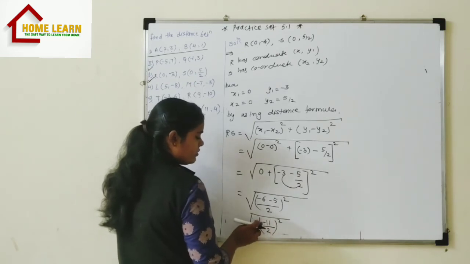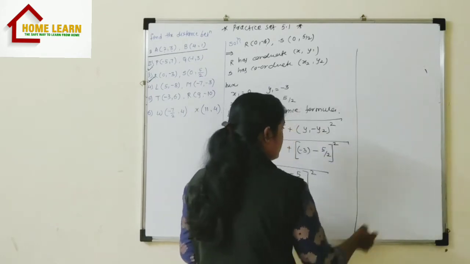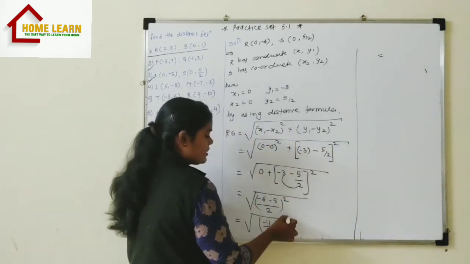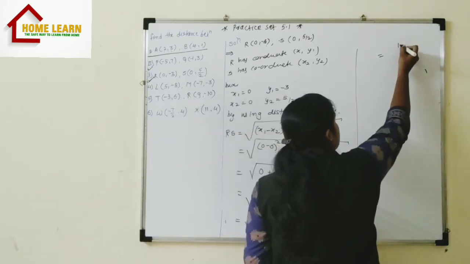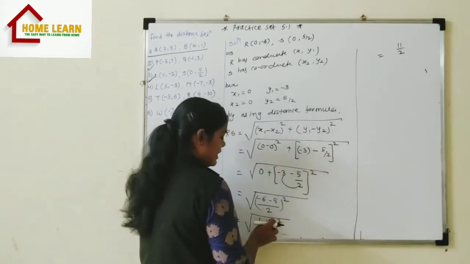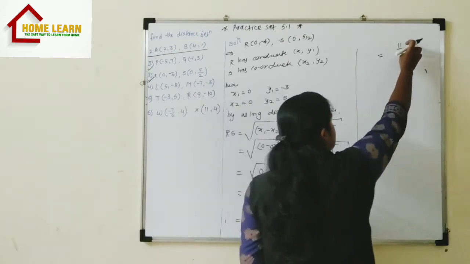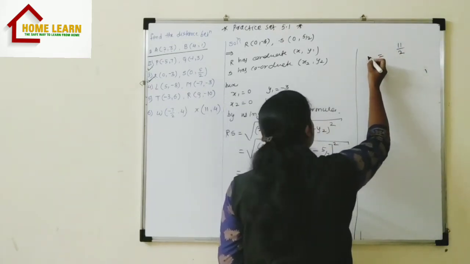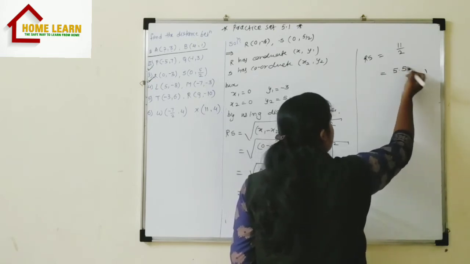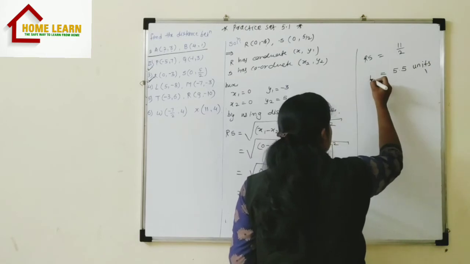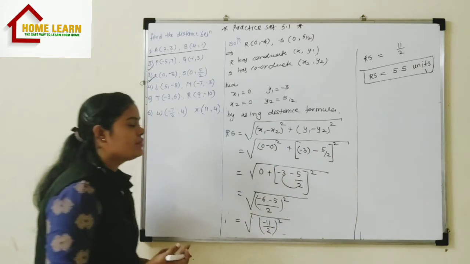But if we take the square of any negative number, it will be positive. So the square root and the square cancel and the answer becomes 11 upon 2, a positive number. So the distance between points R and S is 11 upon 2, which is equal to 5.5 units. Hence the distance between points R and S is 5.5 units.